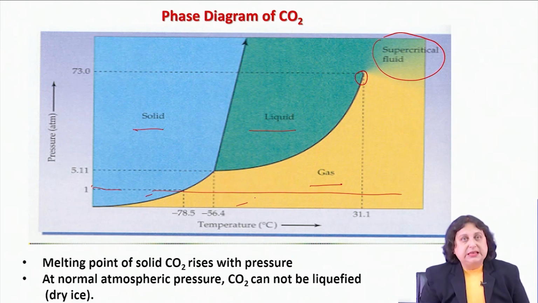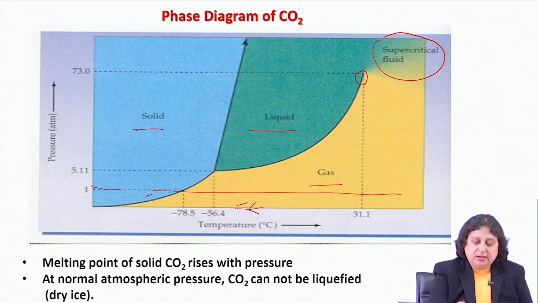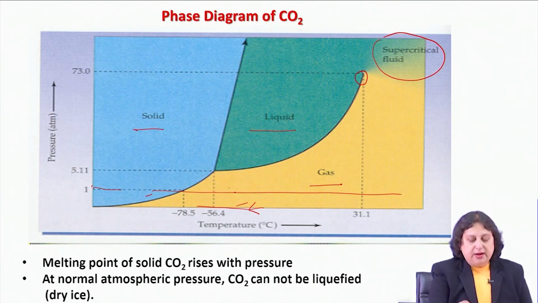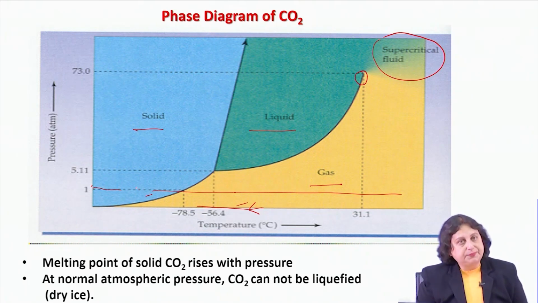Therefore, I would say that at normal atmospheric pressure, the only phase transition that carbon dioxide can undergo is sublimation on heating. On the other hand, if I am cooling down gaseous carbon dioxide, that means I am decreasing the temperature in this direction, then the gas will undergo deposition at 1 atmospheric pressure.